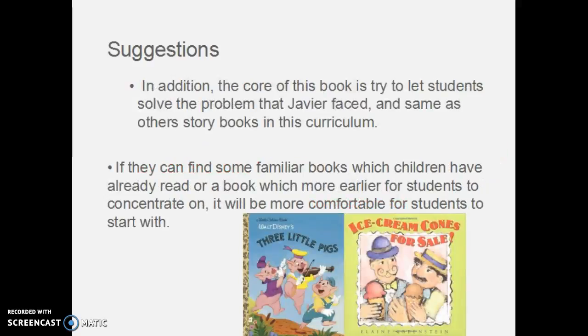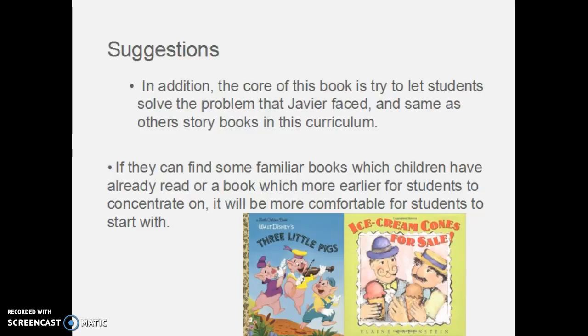Another part, in addition, the core of this book is to let students solve the problem that Chivo faced, and same as other storybooks in this curriculum. If they can find some familiar books which students have already read, or a book which is easier for students to concentrate on, it will be more comfortable for students to start with, such as the ice cream course for sales.